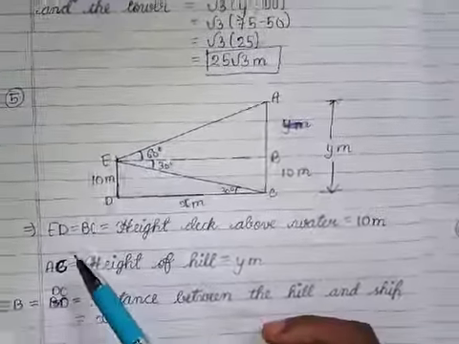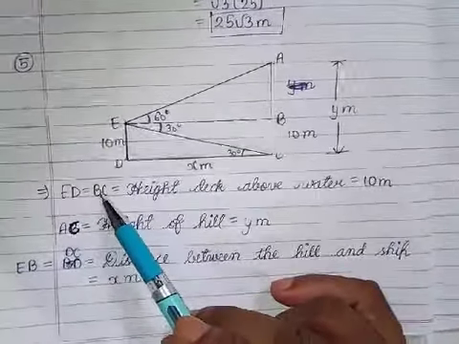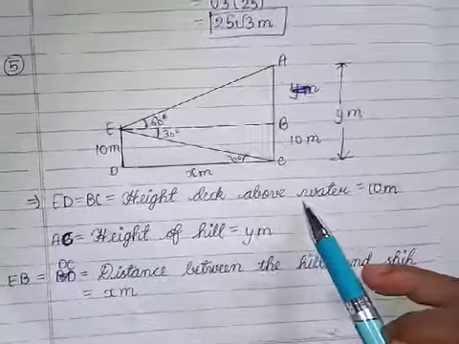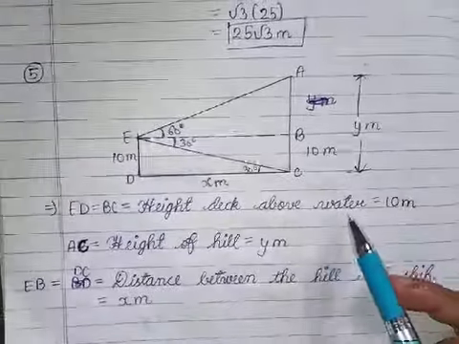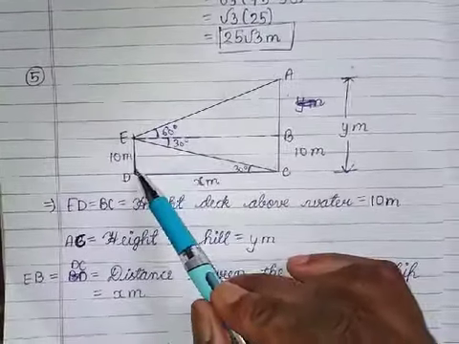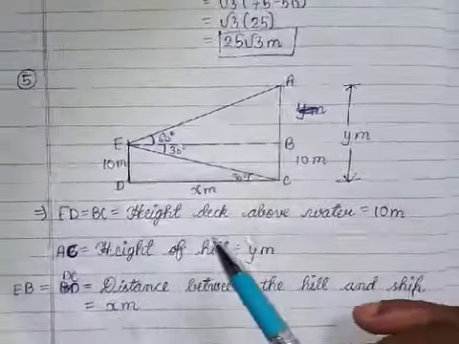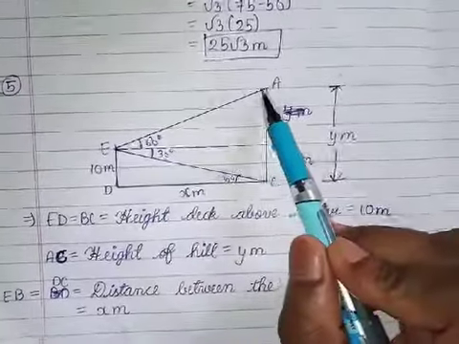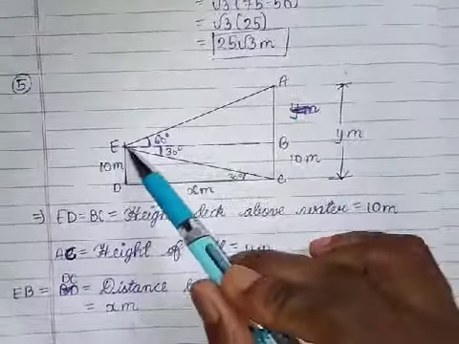So let's see here. ED and BC are the height of the deck above the water, 10 meters. He is standing here. What does he observe? He observes the top of the hill and the bottom of the hill.